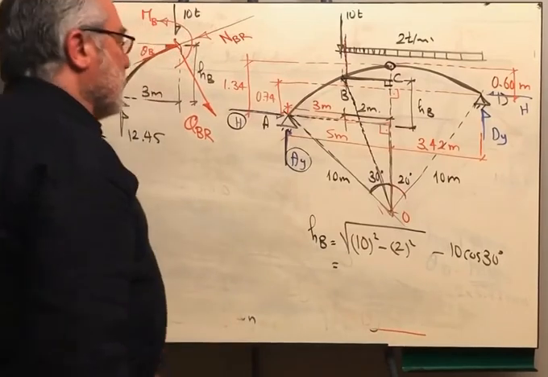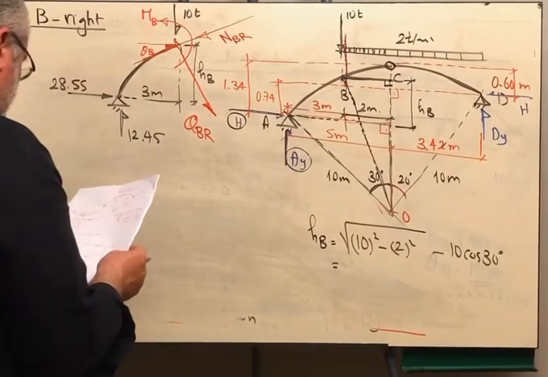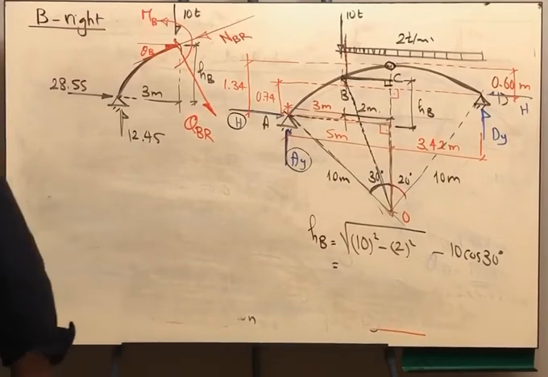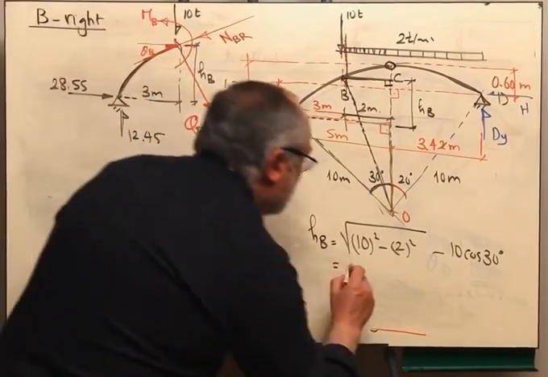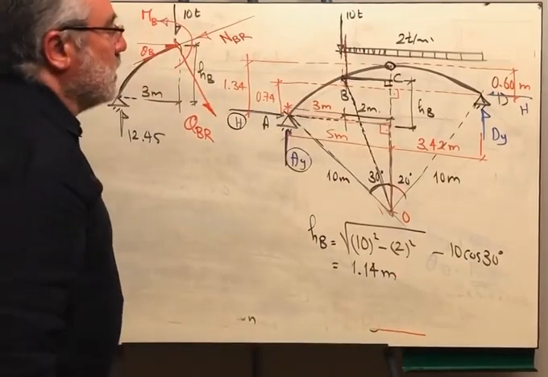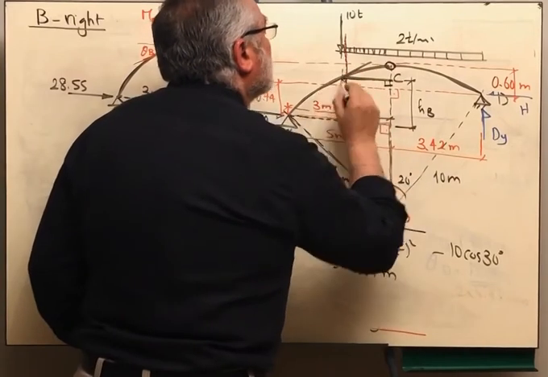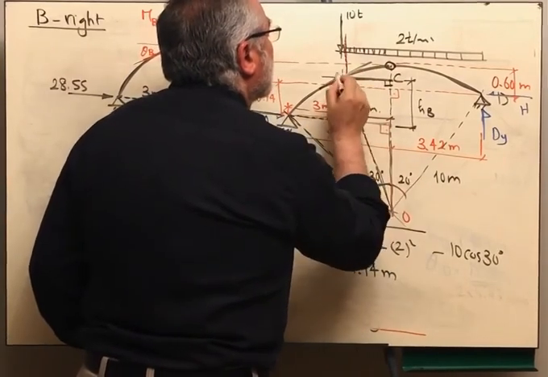So if you did that, we should be able to get the value of HB, and it is 1.137, 1.14 meters.